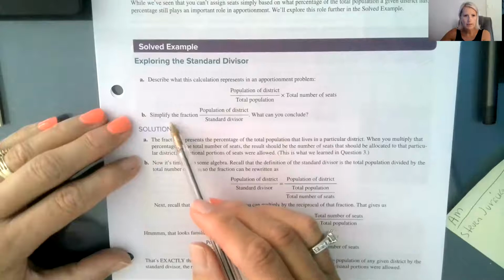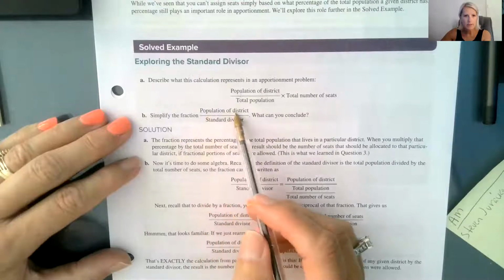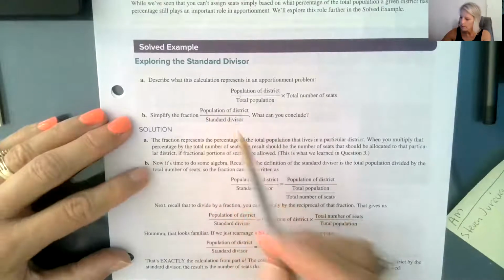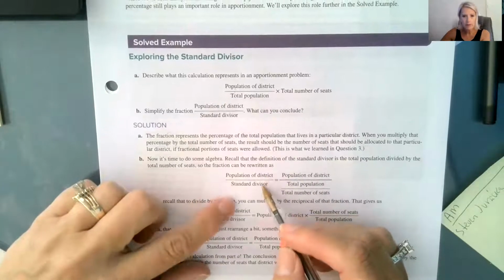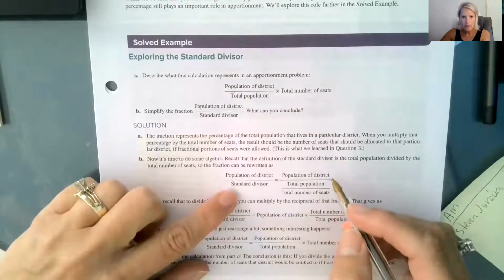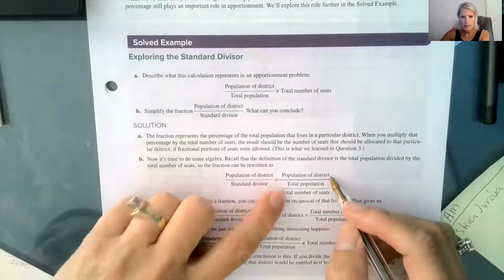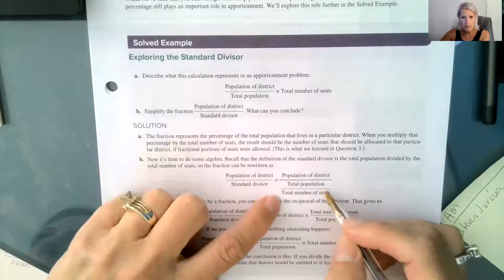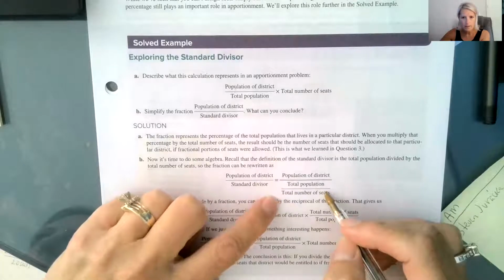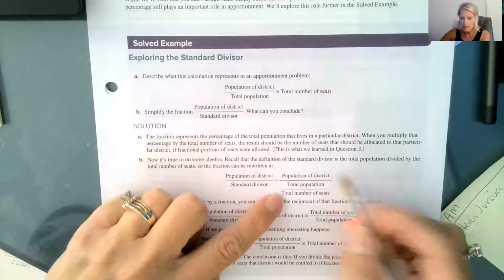Let's look at B. It says simplify this fraction, population of district divided by standard divisor. Okay. So if we take population of the district divided by the standard divisor, using our definition of standard divisor from page 108, it's the same as the population of the district divided by total population over total number of seats. So now we have a fraction, right?